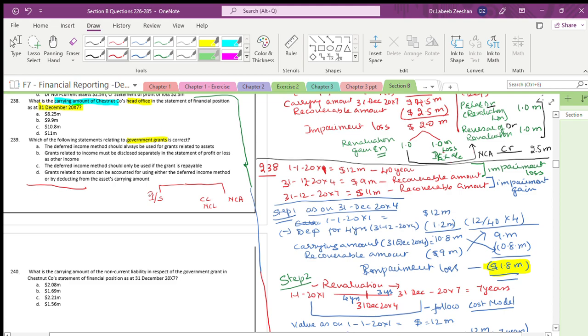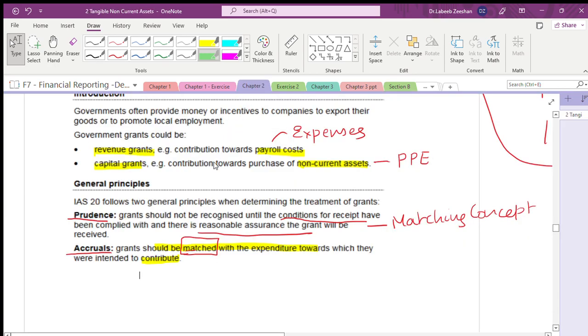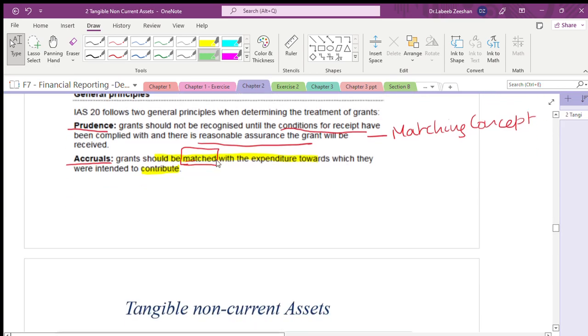That happens whenever there is a government grant. Now we will go to that lecture and just revise it.